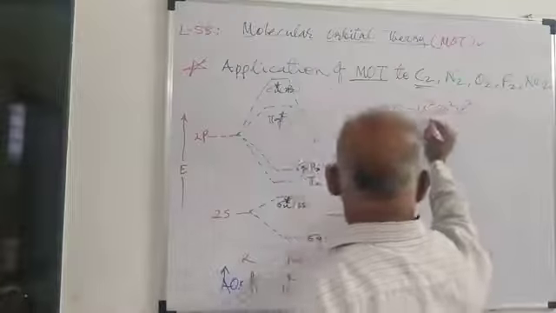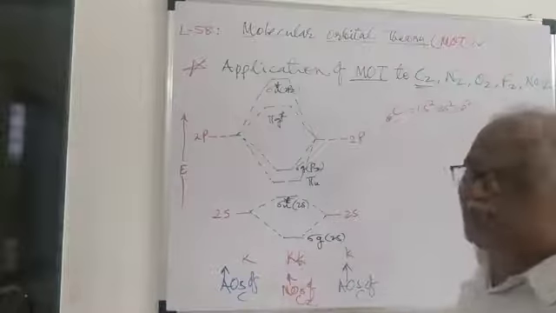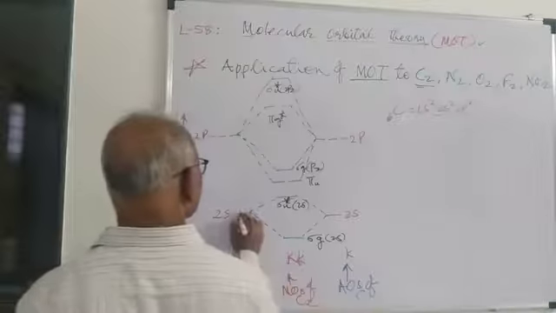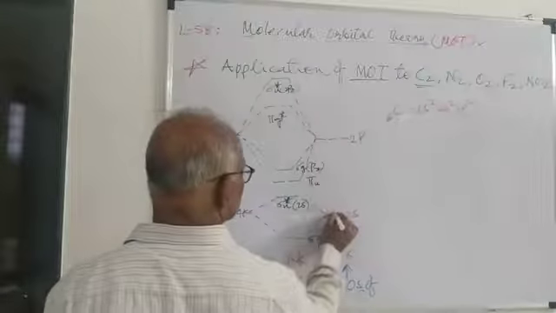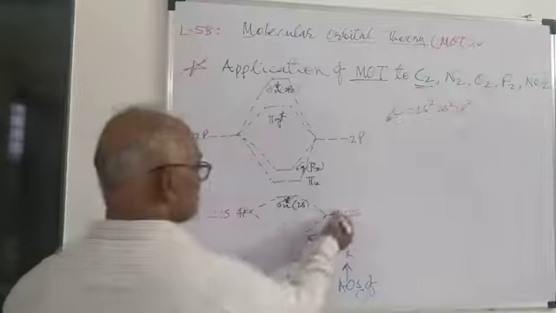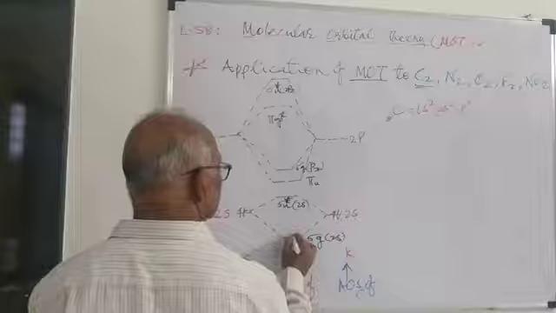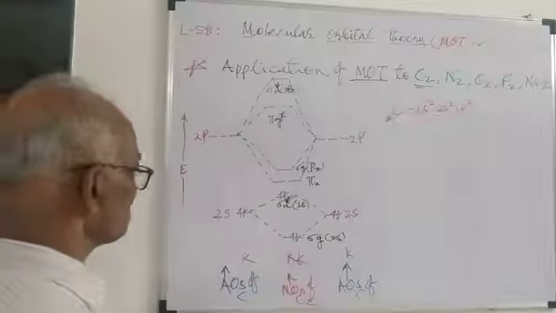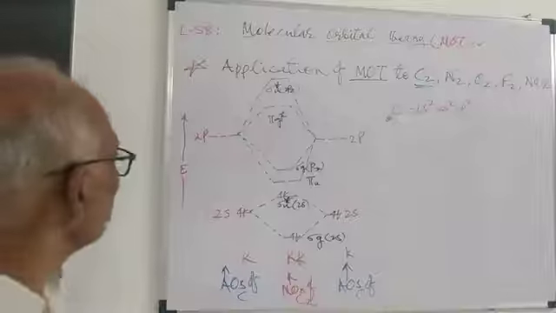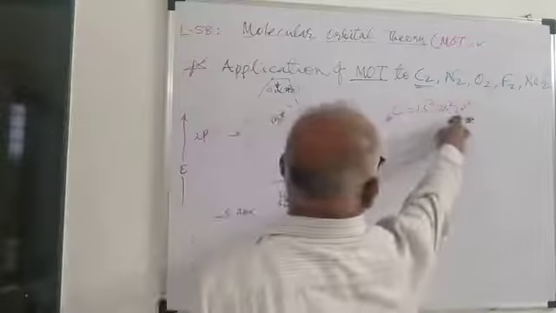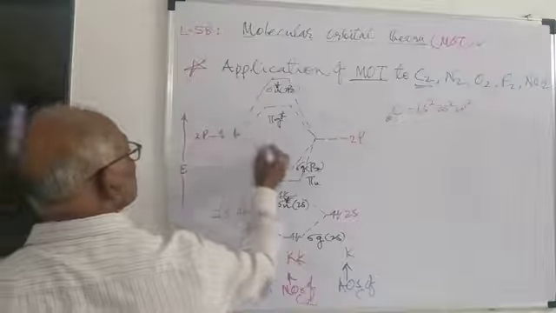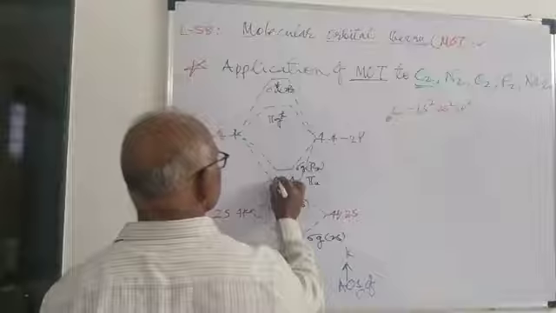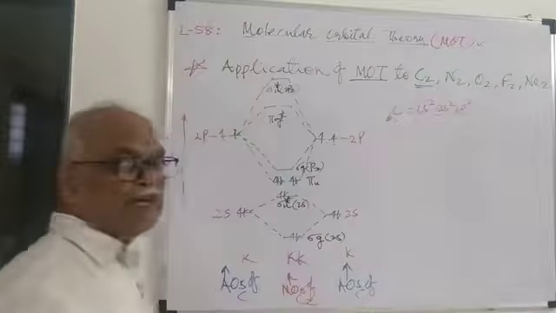The 1s is the lower level, and the 2s and 2p form the valence shell, so we will mark only the valence shell electrons. Each carbon provides 2 electrons in 2s, giving 4 electrons after linear combination: 2 electrons go into sigma g 2s and 2 into sigma star u 2s. Then 2p has only 2 electrons per carbon, so these give 4 electrons, which are filled into the pi u energy levels with pairing.